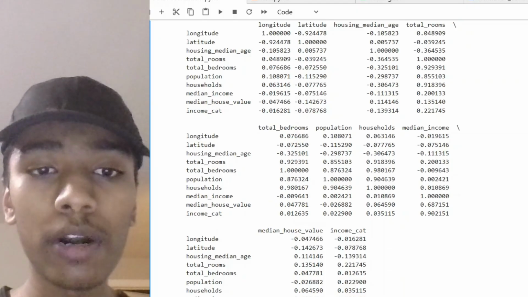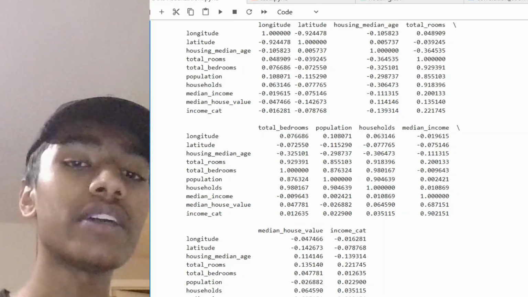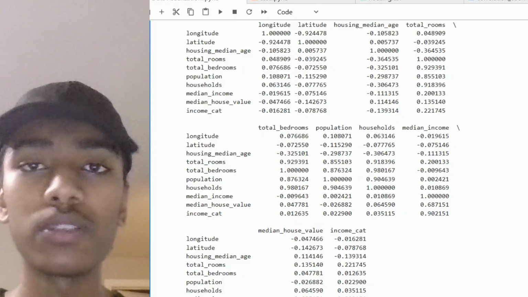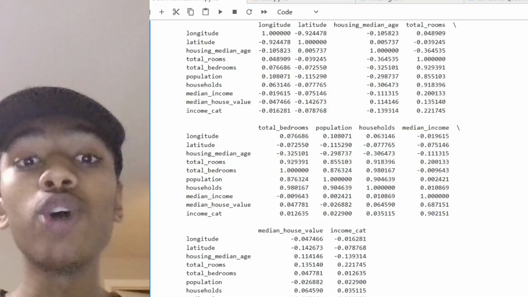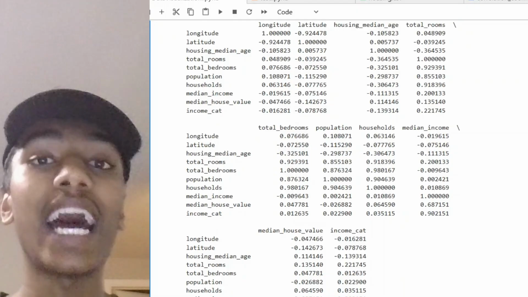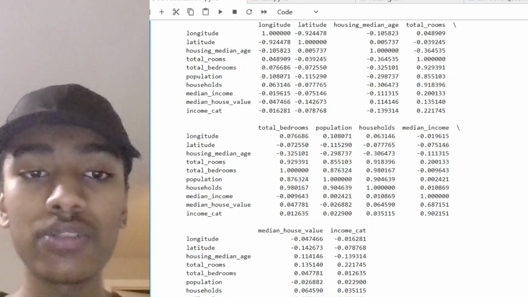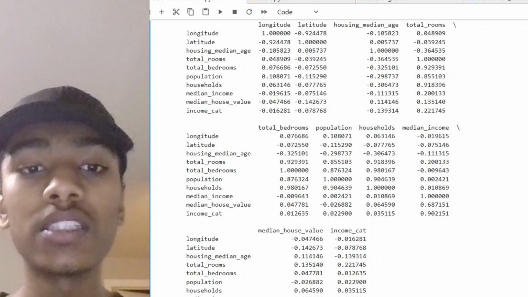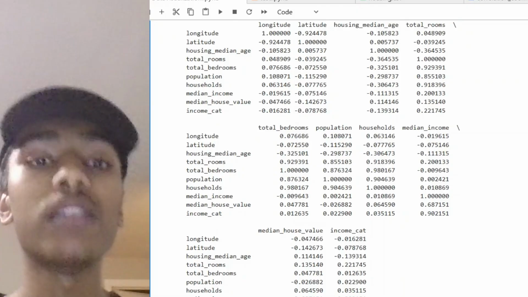You're seeing your total number of bedrooms. Now, this is important because when you see total number of bedrooms, you might think a house might have 5 bedrooms or 10 or 2 bedrooms. Well, remember, these are the total bedrooms for the entire district. Typically, you would add up the total bedrooms in every single house.